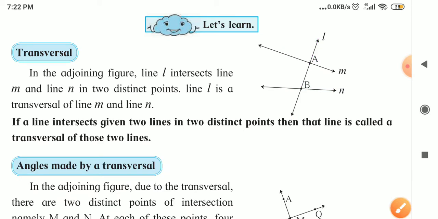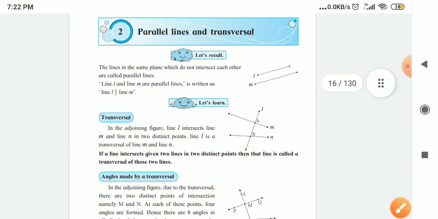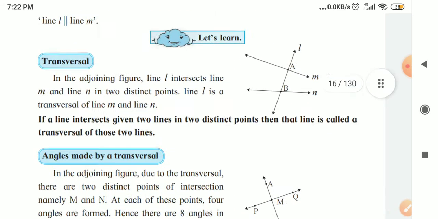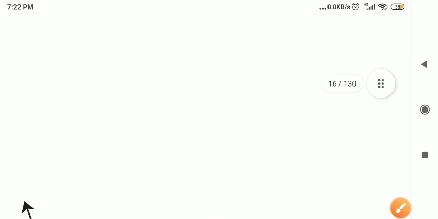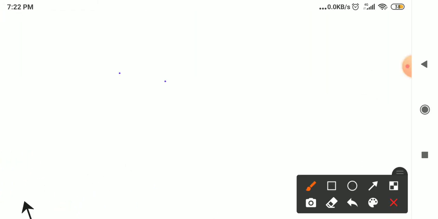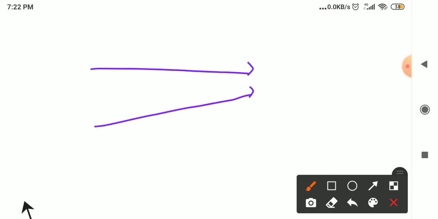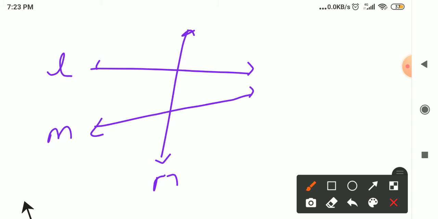Okay, clear? Parallel lines are the lines which do not intersect each other at any point, and the other lines are intersecting lines. Suppose I draw here lines which are not parallel. Suppose these two lines I have drawn here. Okay, I drew this line till here only. Then you will ask where these two lines intersect each other. But what is the definition of a line?